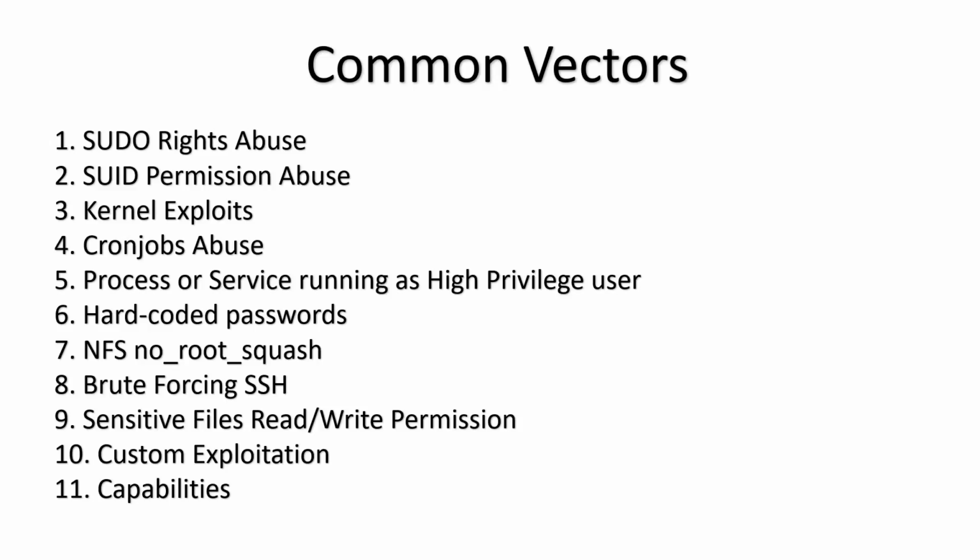Third one is the famous one but the tricky one. We call it kernel exploits. Many security researchers daily research Linux and find various vulnerabilities, some of which are found in the kernel of the system.